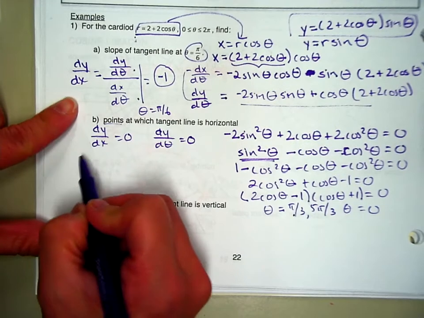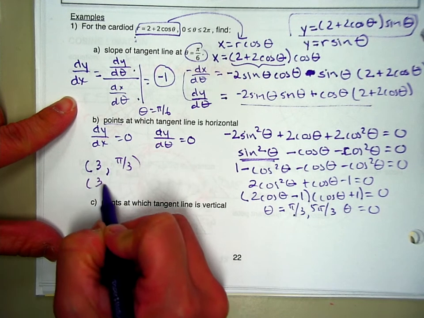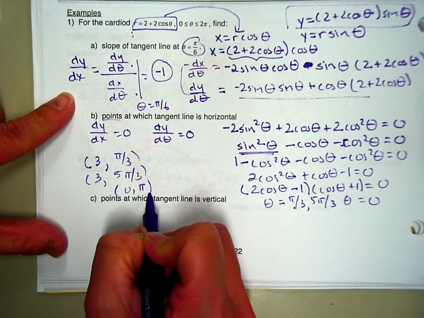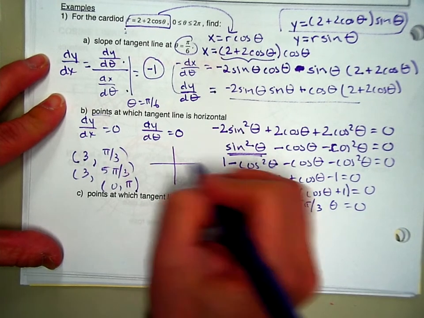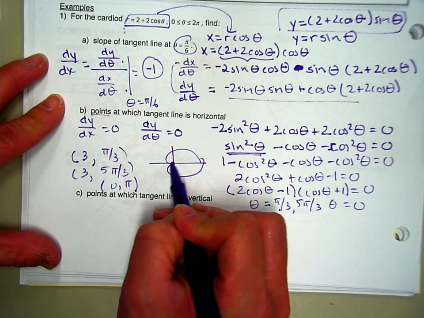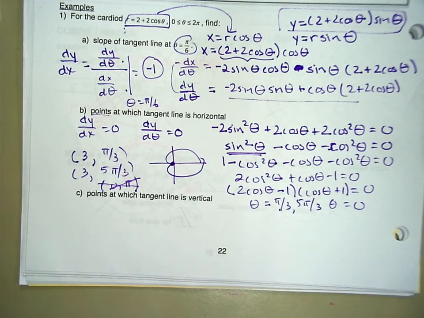And the points that you will get are (3, pi thirds), (3, 5 pi thirds), and (0, pi). But if you think about the graph of this cardioid, this graph looks like this. Notice that 0, it's actually a cusp, but that is not a horizontal tangent. So I'm going to go ahead and cross that out.